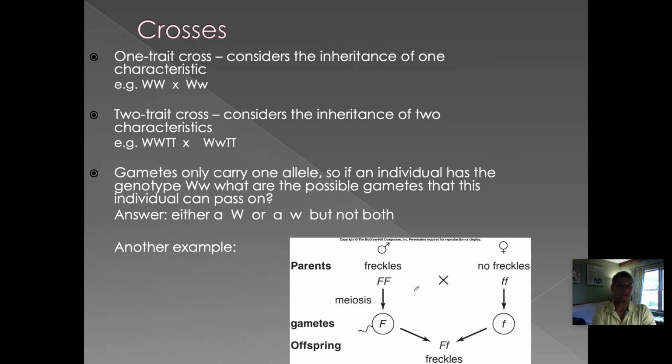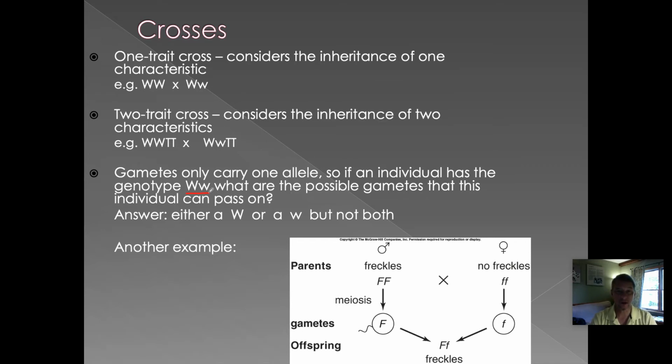Anyway, the gametes, the sperm and the egg, each only carry one allele, at least under normal conditions. If an individual has the genotype big W, little w, so this person is heterozygous, the question is, what possible gametes can this individual pass on?